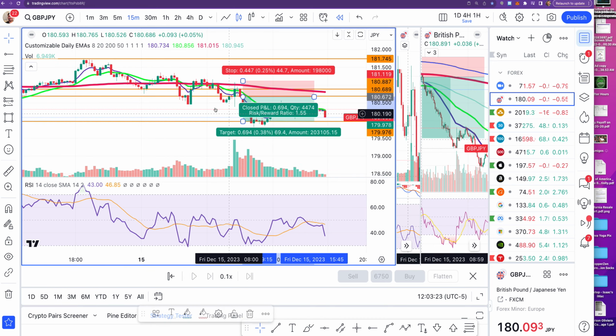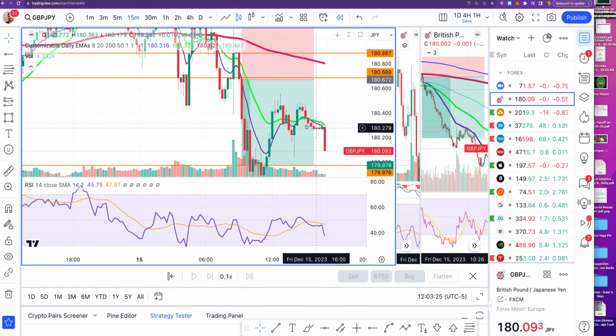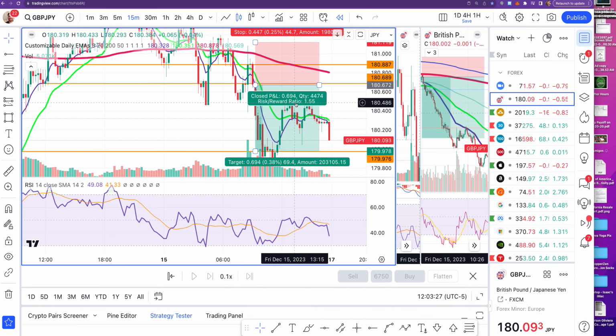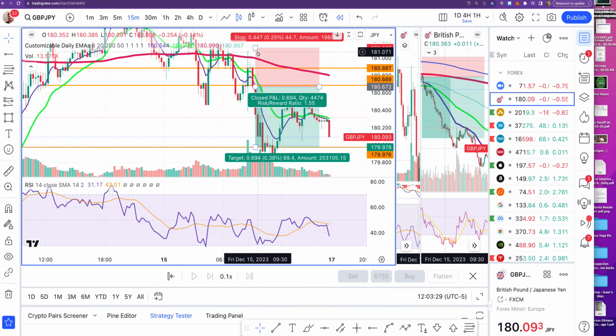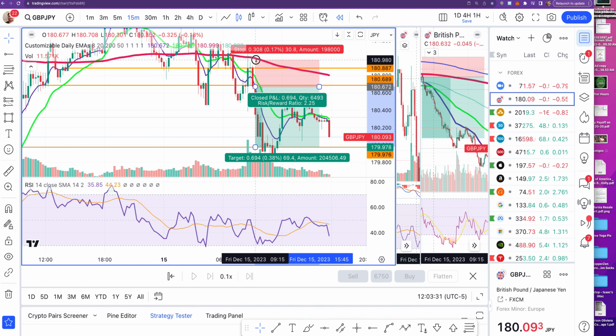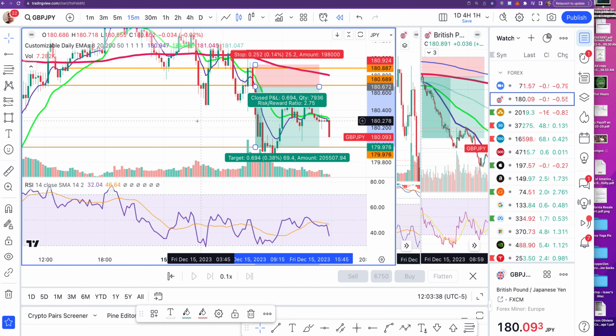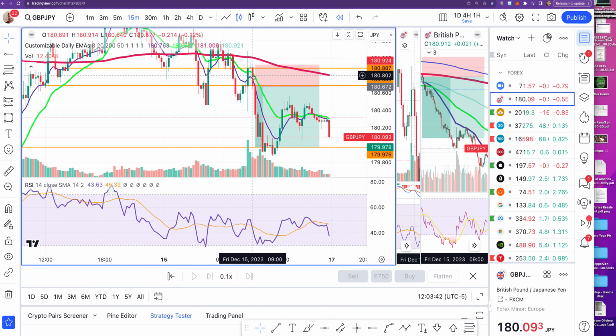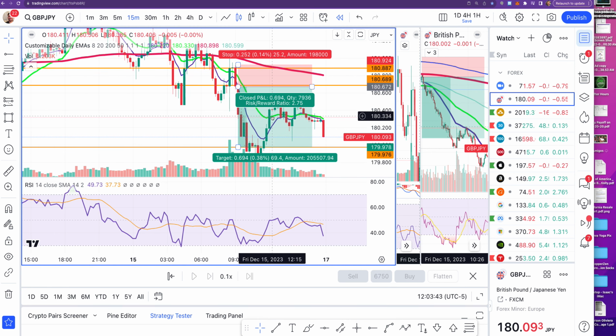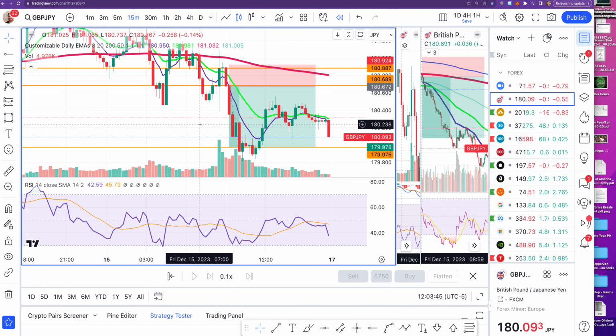This trade, by the way, from pivot to pivot was a 1.55. If you were a little bit more conservative and used the top of your 15-minute candle as your stop, then it was a 2.75. That's it.